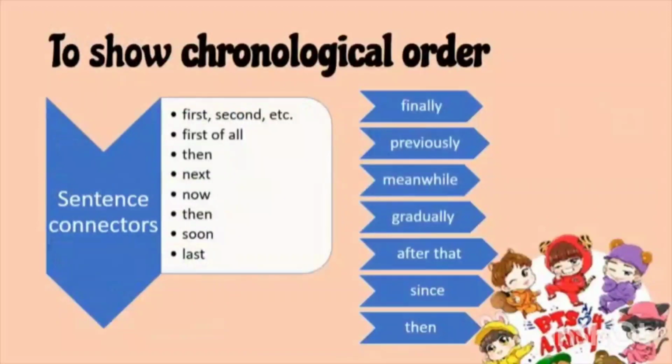To show chronological order, here are the following connectors that we're going to use. First, second, first of all, then, next, now, soon, last, finally, previously, meanwhile, gradually, after that, since.